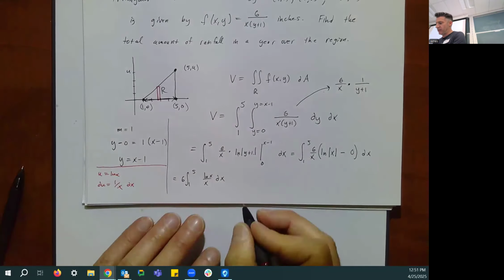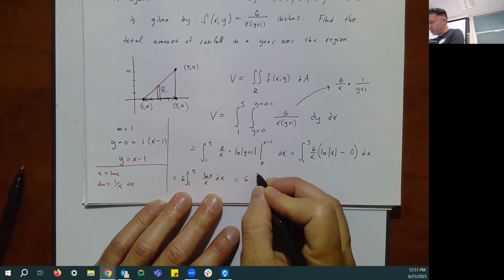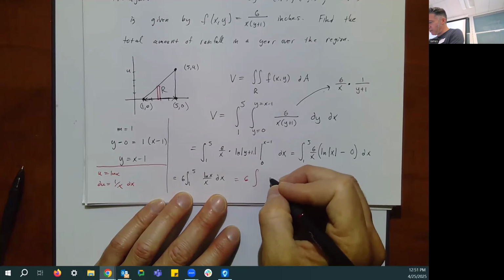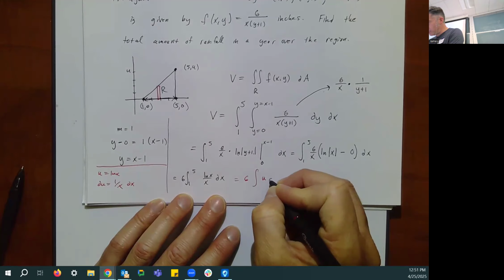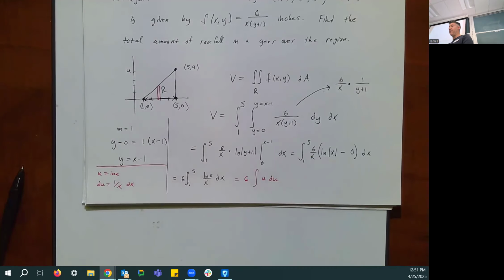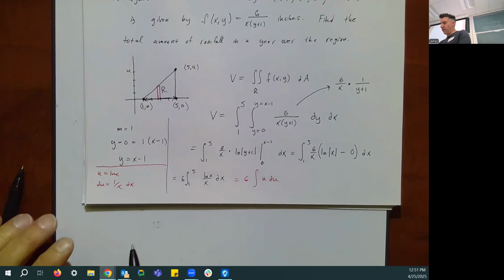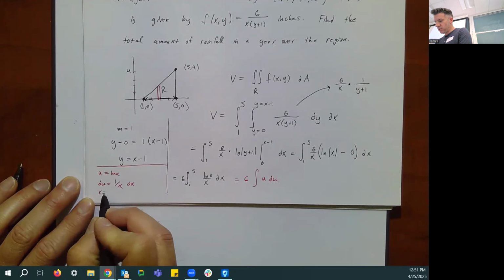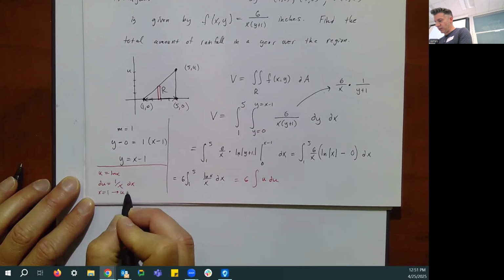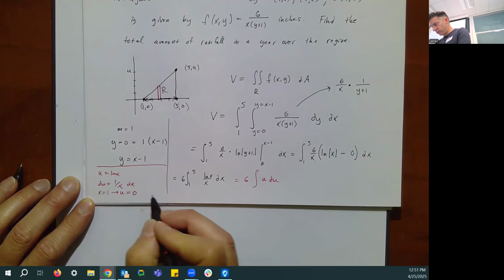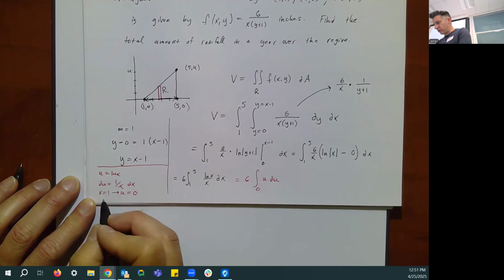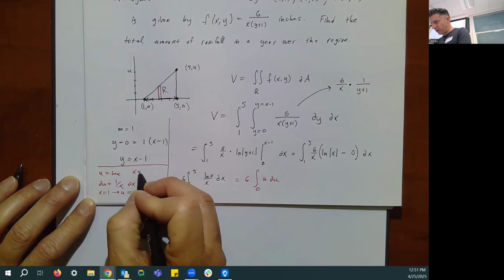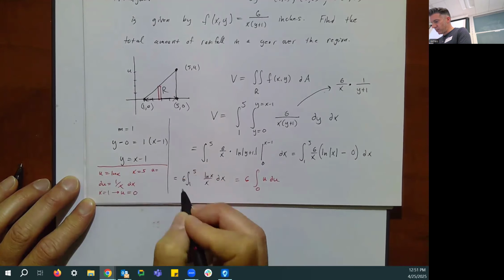So we can rewrite this as 6 times the integral of u du. Since it's a definite integral, I might as well change my limits of integration. If x is equal to 1, u is going to equal the natural log of 1, which is 0. And if x is equal to 5, u is going to equal the natural log of 5.